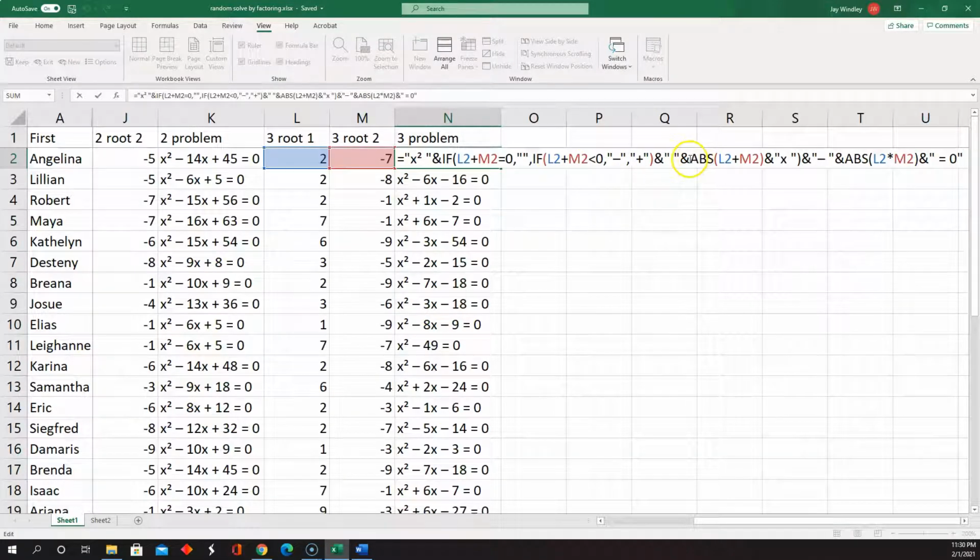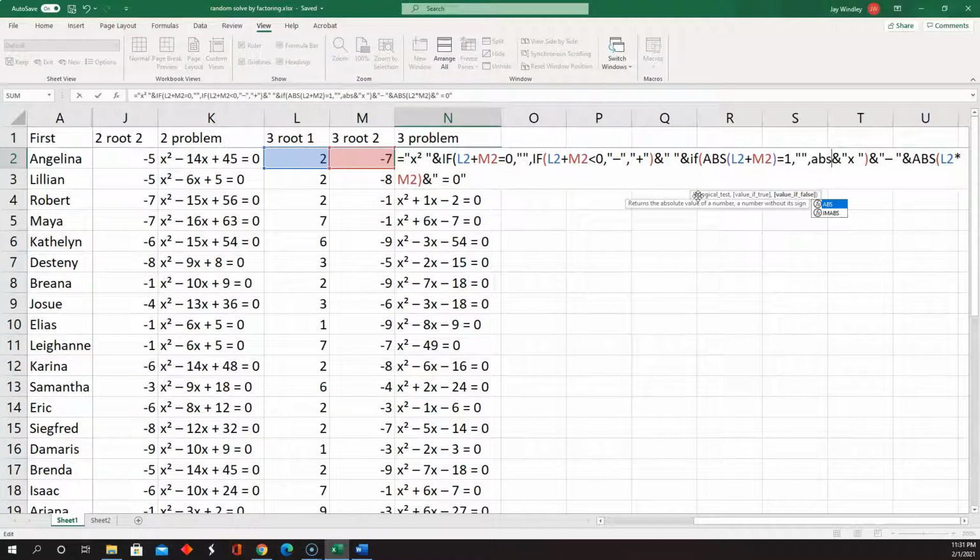Right here, where I'm printing the absolute value of the sum of those two numbers, what we should say is this. Instead of just printing the absolute value of those two numbers, we should say if the absolute value of the sum of those two numbers is 1, then we're not going to print any number.